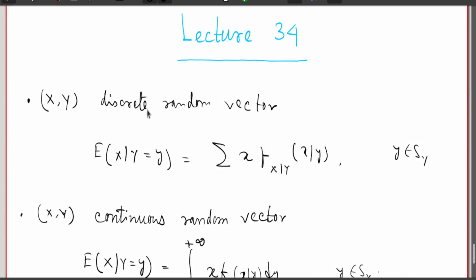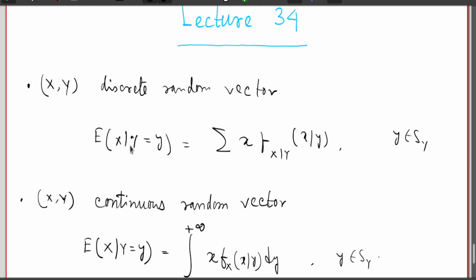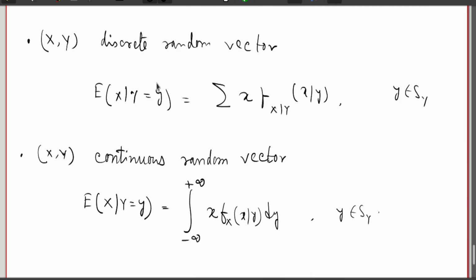For the discrete random vector, the conditional expectation is the summation over x of x times the conditional probability mass function, and for the continuous random vector, it is the integration of x times the conditional probability density function dx.